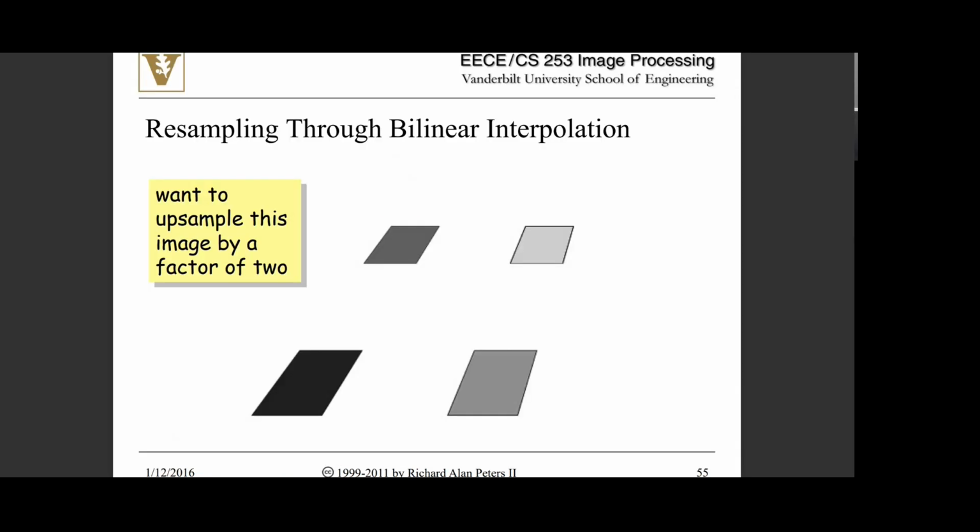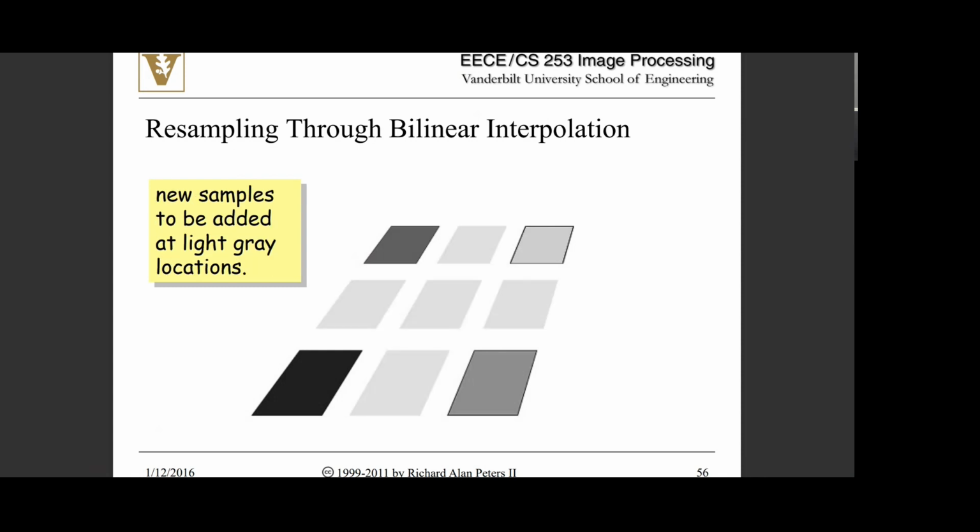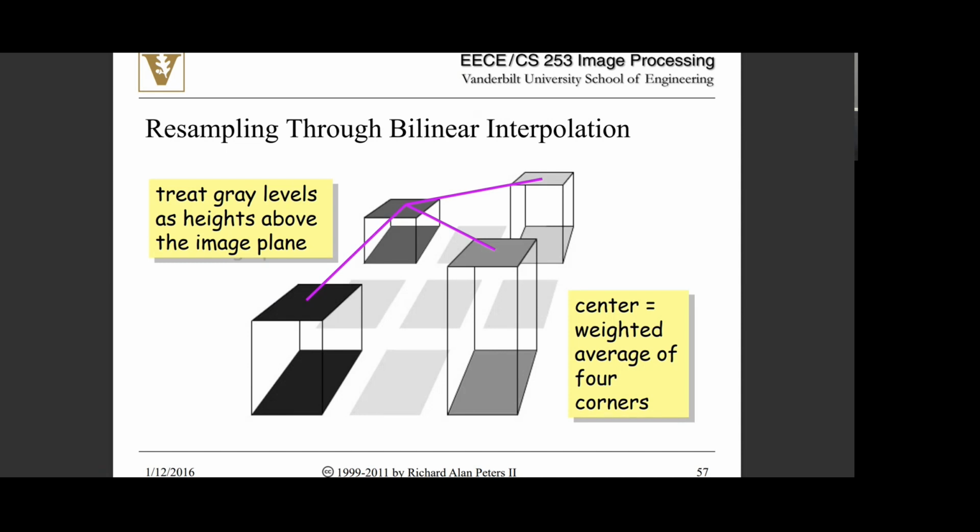These are the 4 pixels in the input, and when I put the zeros in between, this will be my output. My output has twice the number of pixels, and it has zeros in between because for the moment I don't know how to fill them. Where I have the zeros, I don't have the data, but in the corners I have the intensity values from the original image.